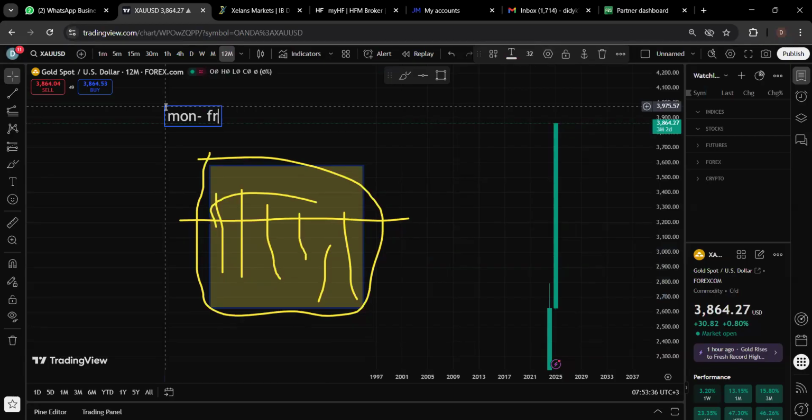So don't call me over the weekend and start telling me my chart is not moving. Why is my MetaTrader 5 not working? Don't ask me that question over the weekend. Our market opens Monday to Friday, so over the weekend, the market is closed.